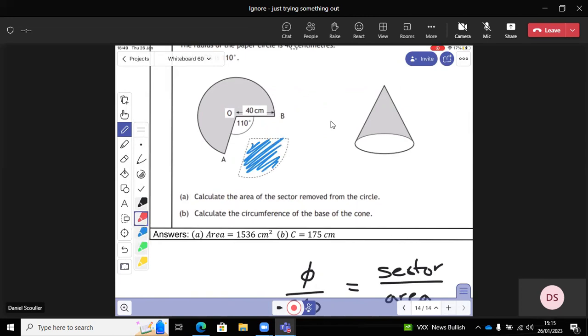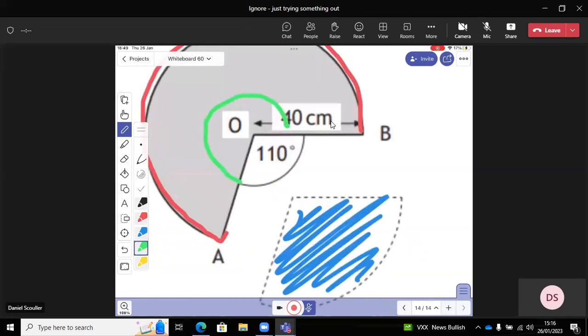But for part B, they're looking for the major, which is A all the way to B. That means we need to use the major angle, the reflex angle, the big angle. So we're given that 110. That 110 refers to the minor arc and the minor sector. But if we're asked for the major, then we need to determine that angle there.